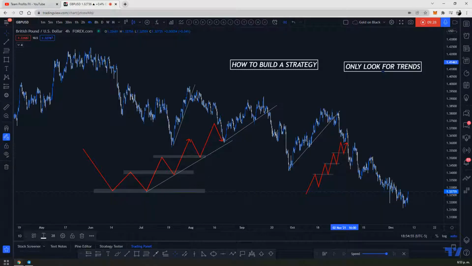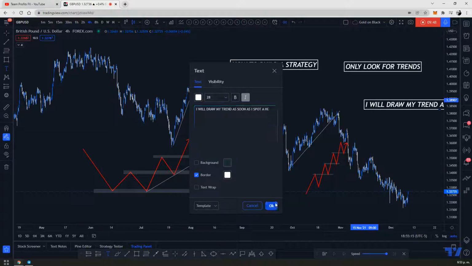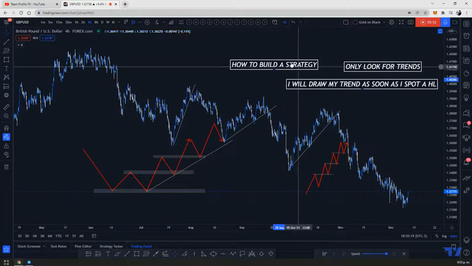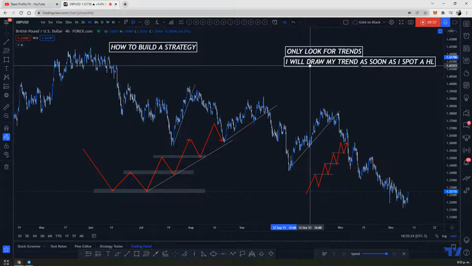You can say, I will draw my trend as soon as I spot a higher low, right? Sorry if this is going to get a little messy, but anyways, let me put this here. So this is my first rule. This is my second rule, okay?